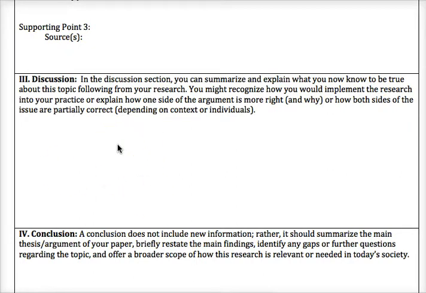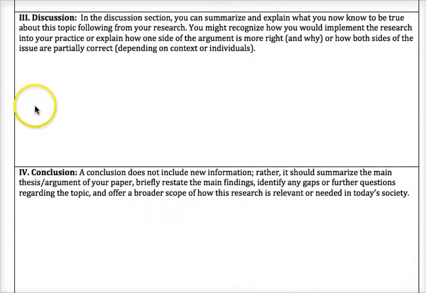And you can say that in your discussion section. You might say that of all the research that you've done, sexual education is the most crucial factor in preventing teenage pregnancy, or whatever it is. So you're summarizing the main argument or what you've learned from doing the research in this section of your paper.